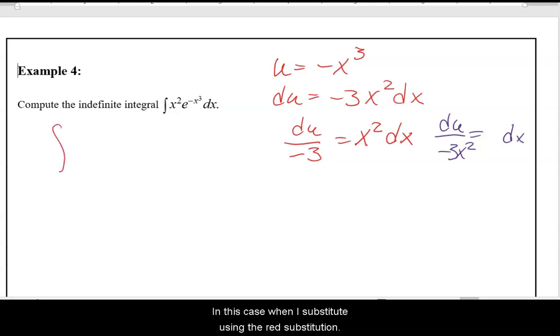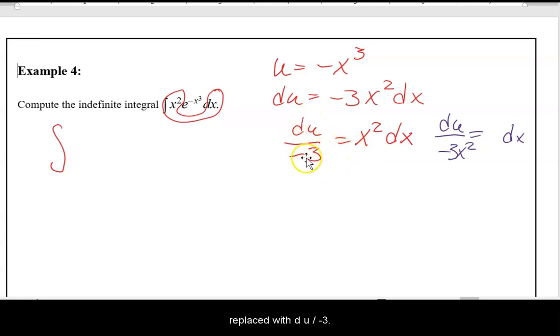In this case, when I substitute using the red substitutions, the x squared becomes a part of the differential, and x squared dx, which is this part you see here now ringed in red, will get replaced with du over negative 3. This will give me e to the u du over a negative 1/3.